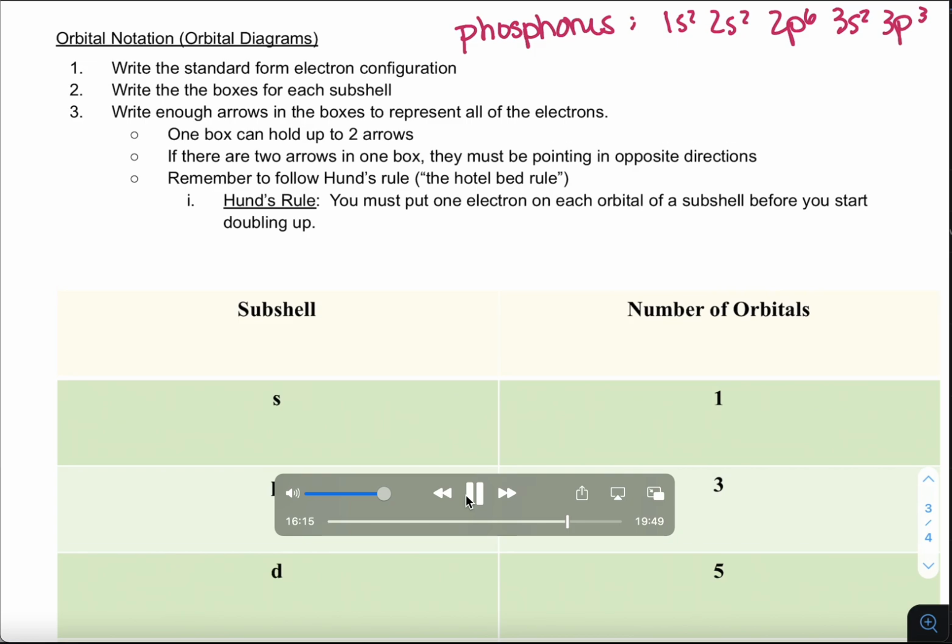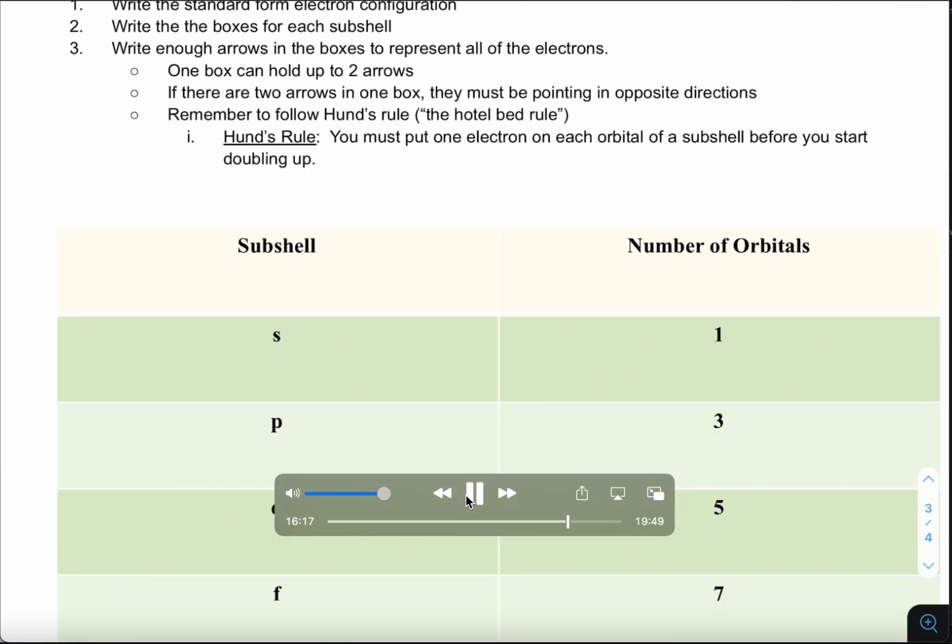So this chart right here tells you how many orbitals you get. So your orbitals are going to be your lines. Your electrons will be your arrows. And the lines can also be boxes.